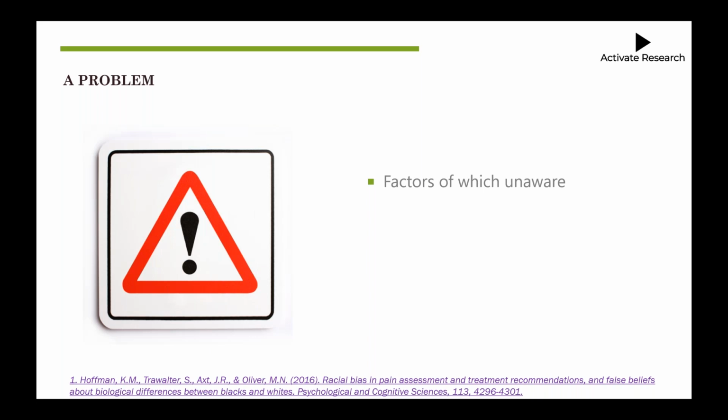But there are many different cognitive biases that can be very influential that people are not necessarily aware of. To give you a quick example, I'm sure many of you have heard of unconscious bias, where our judgments can be informed by the physical or personal characteristics of people without us necessarily being aware that we're doing so.